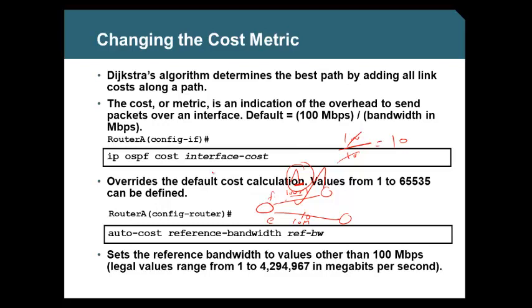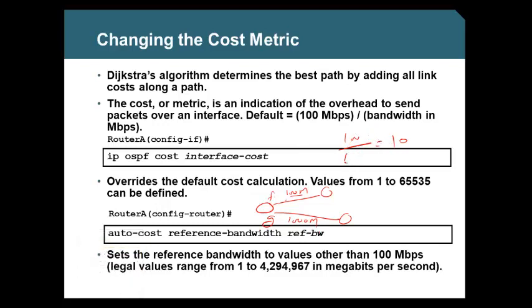Now, let's say one is 100 meg and the other one is 1000 meg. Gig Ethernet, 1000 meg. When you have 1000 meg, you see the denominator is 1000 now, but the numerator is still 100 in the formula.